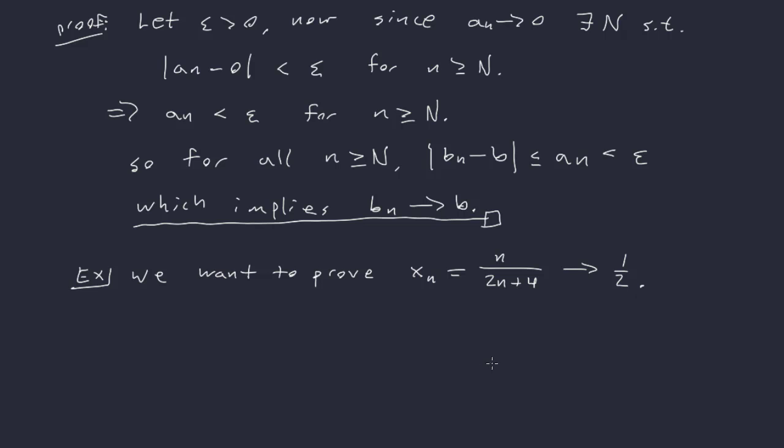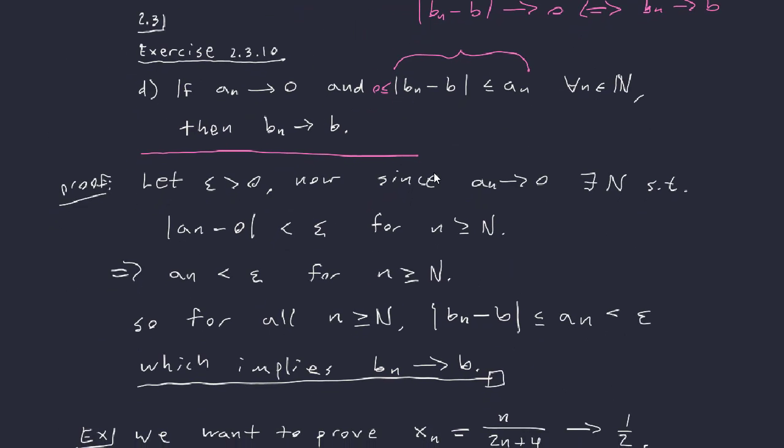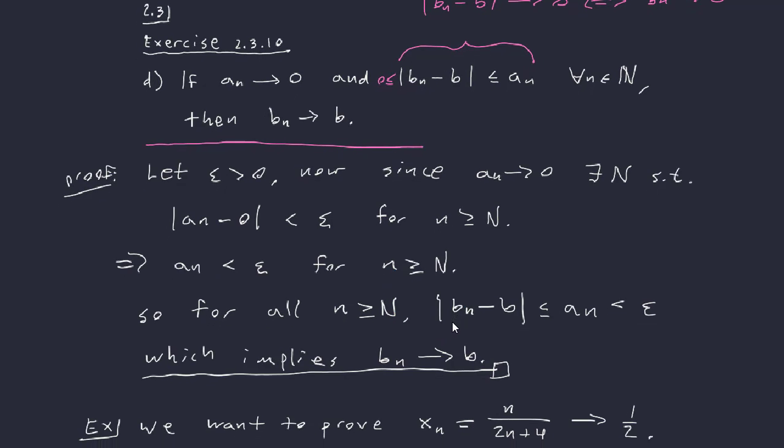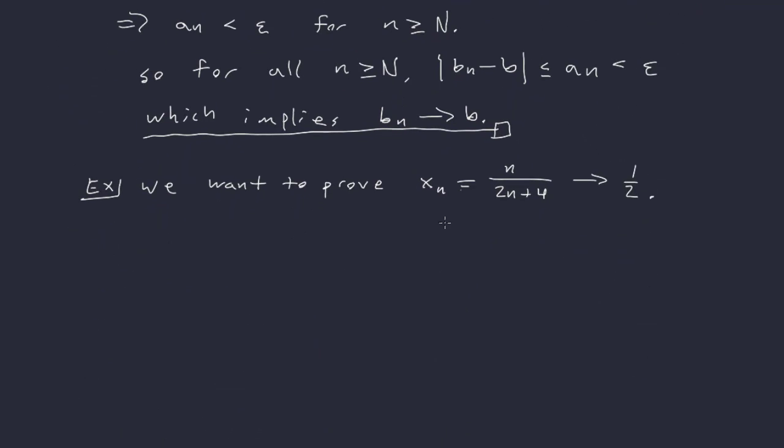Now up until this point, we've basically used an epsilon definition, or yeah, the epsilon way of doing it, like we did up here. But I want to show that we can actually use this exercise from the book, this exercise 2.3.10, in the following way.